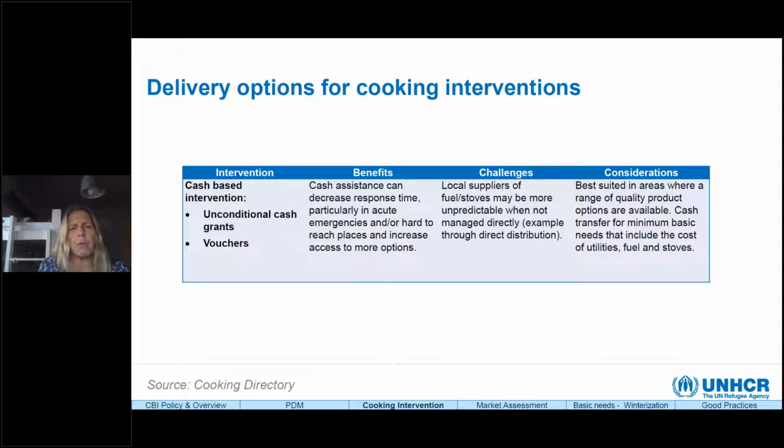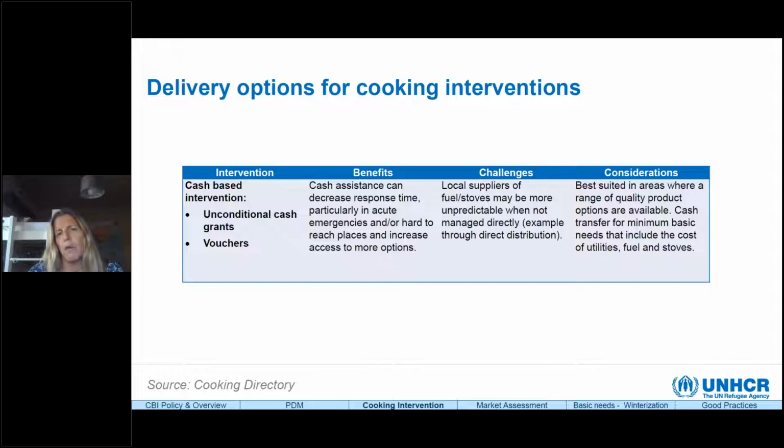This is, I think, from our cash and energy compendium. These are just an overview of what the benefits and challenges and considerations can be. And I think much has already been said about this. But what I can say is that we often include these costs in cash for basic needs.